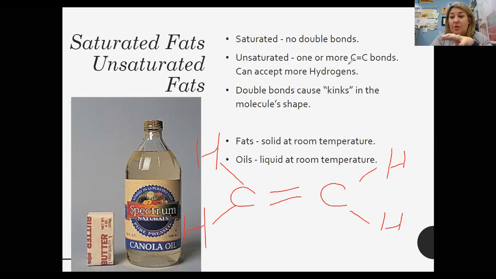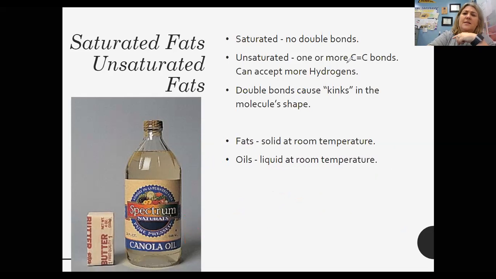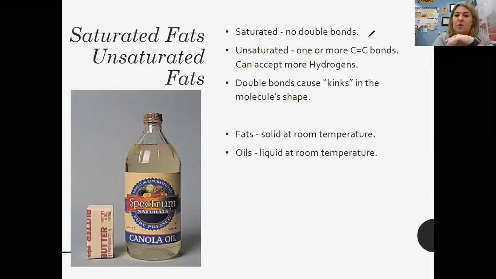Meaning that there could be more hydrogens attached, but because of this double bond here in the middle, it messes that up for us. So double bonds tend to cause kinks in the molecule shape, meaning they don't lay down properly. And because of that, it makes these particular types of fats different states of matter at room temperature.